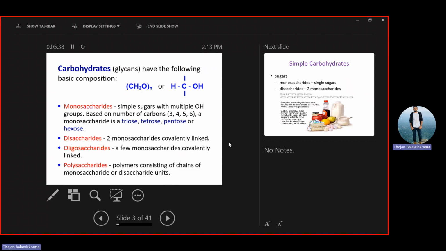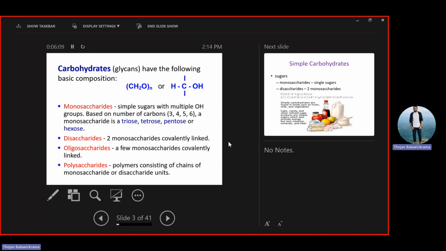Again we categorize them as monosaccharides, disaccharides, oligosaccharides, polysaccharides. That's another categorization. The simplest sugar is the monosaccharide, the most familiar one being glucose.